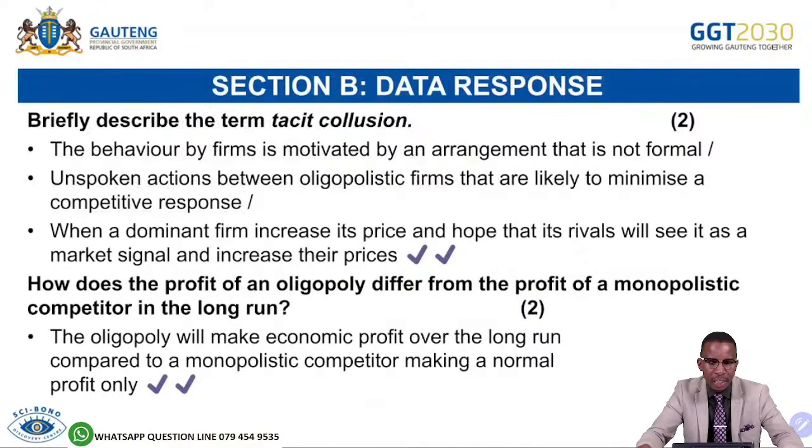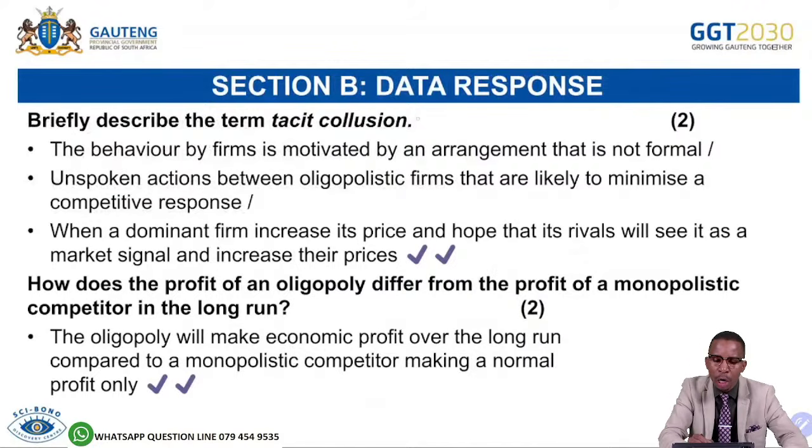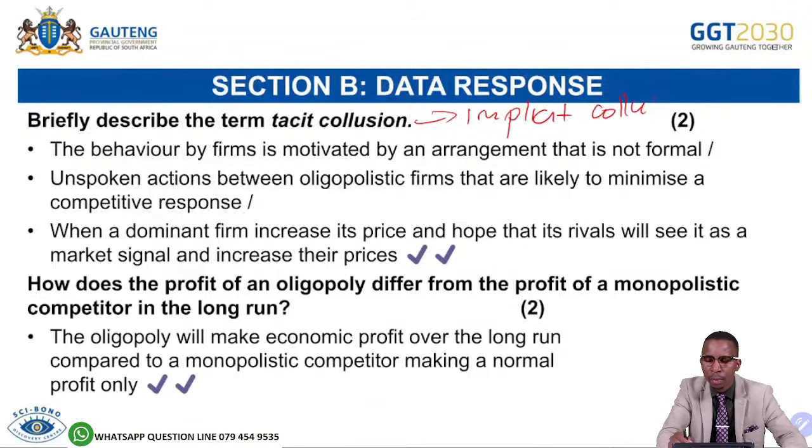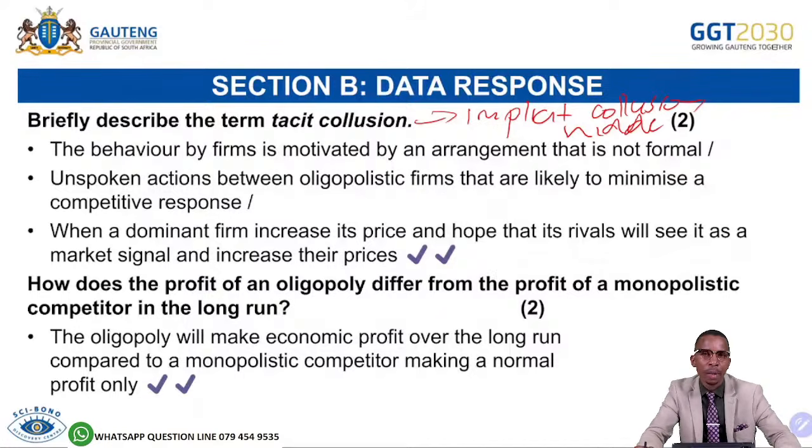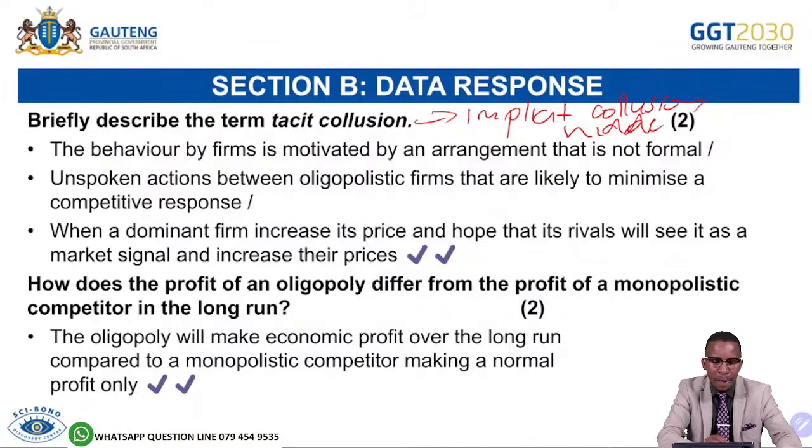Then we continue. Briefly describe the term tacit collusion. Remember, if we talk about tacit collusion, we also refer to implicit collusion or hidden collusion. So it's also hidden. It's not formal, has not been discussed. So tacit collusion is when the behavior of firms is motivated by an arrangement that is not formal, unspoken actions between oligopoly firms that are likely to minimize a competitive response.